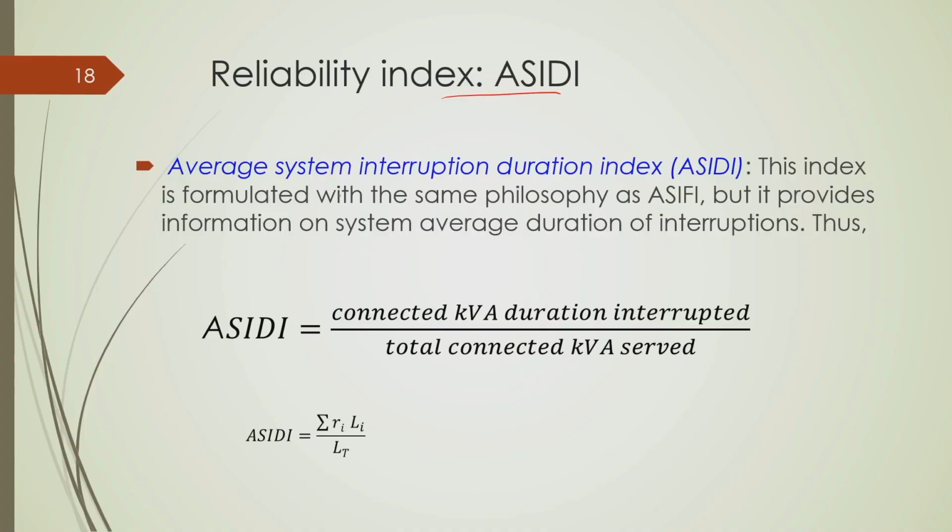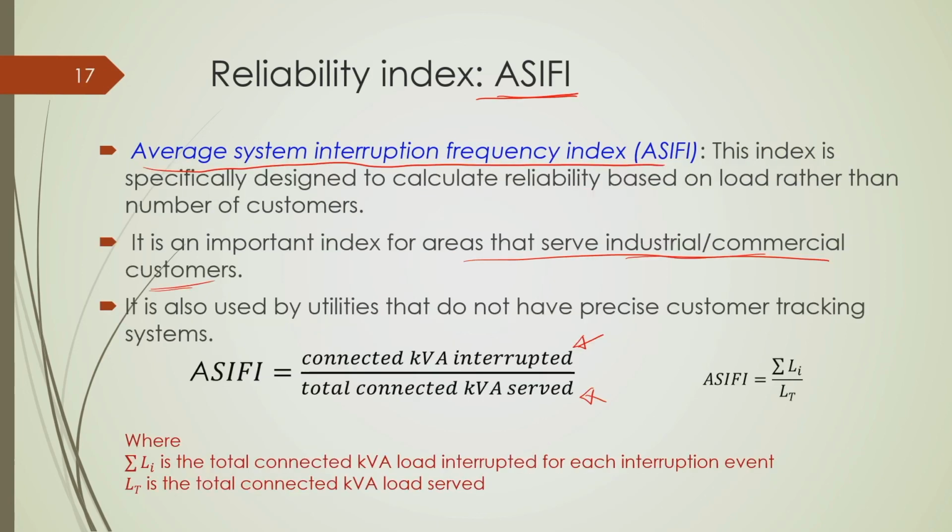Now, there is another reliability index which is called the Average System Interruption Duration Index, that is ASIDI. This index is formulated with the same philosophy as ASIFI, but it provides information on the system average interruption duration. So, in ASIDI the numerator is connected KVA duration interrupted, which is somewhat similar to ASIFI, where the numerator was connected KVA interrupted.